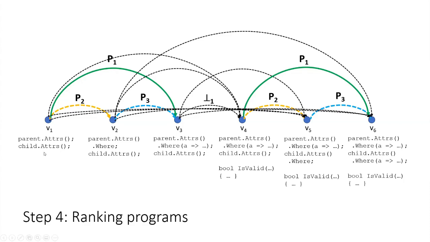For instance, the best path here would be the one that just used the color green to go from V1 to V3, and from V3 to V4 we would just use this bottom program. We didn't synthesize any program actually. And from V4 to V6, we will use P1 again. So this is better than using P2, P3 because it has fewer colors.